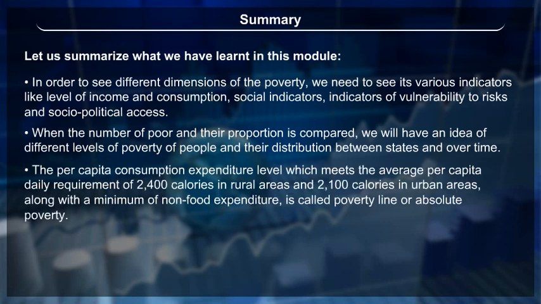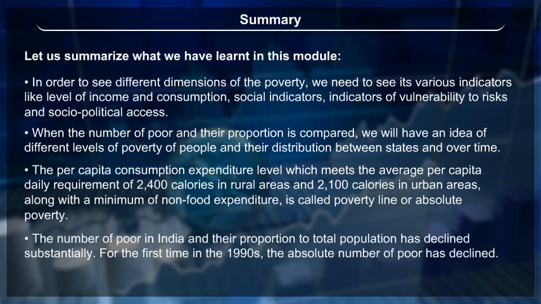The per capita consumption expenditure level, which meets the average per capita daily requirement of 2,400 calories in rural areas and 2,100 calories in urban areas, along with a minimum of non-food expenditure, is called poverty line or absolute poverty.